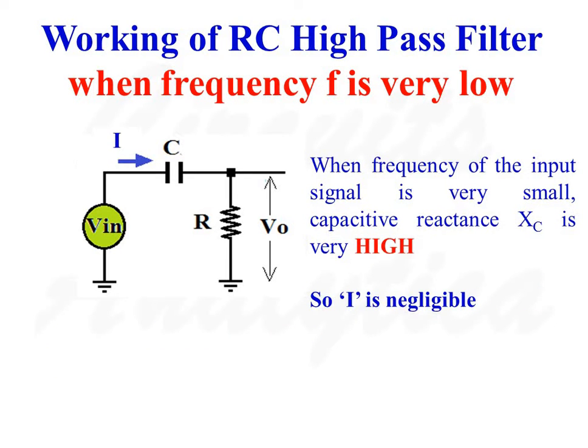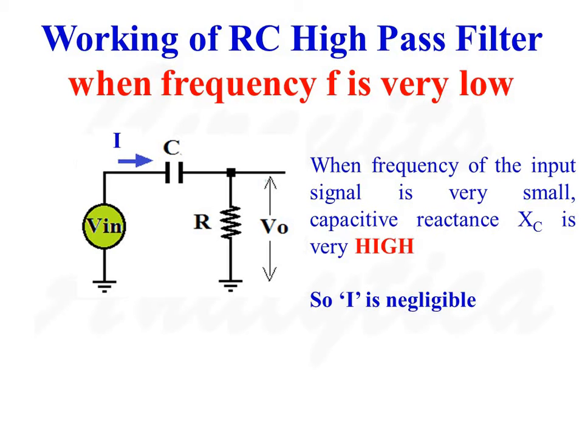Now let us discuss the working of RC high-pass filter when frequency F is very low. When frequency of the input signal is very small, capacitive reactance Xc is very high. As Xc is equal to 1 divided by 2 pi Fc, when F is very small, denominator is a value which is very close to 0.